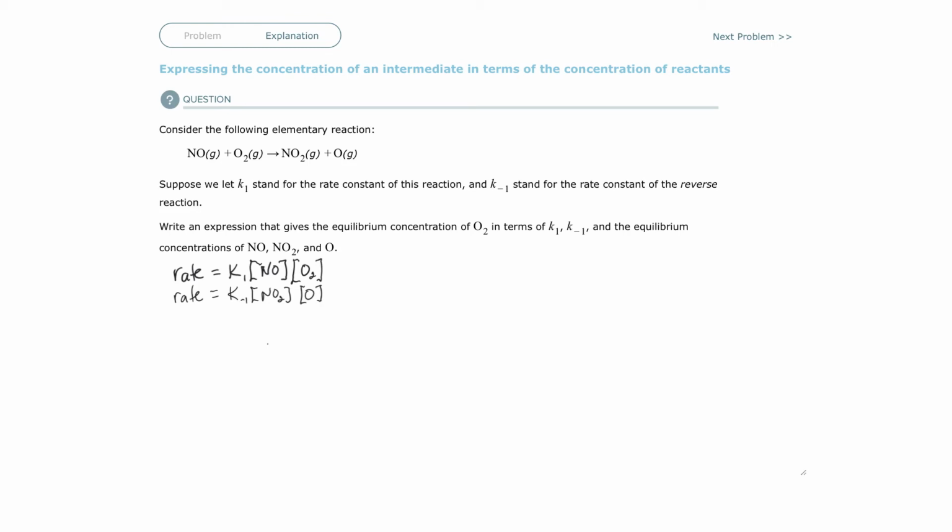Okay, so I'm going to say k sub 1 times NO times O2, okay, equals k sub -1 times NO2 times O. Okay, so those two rates are equal to each other.